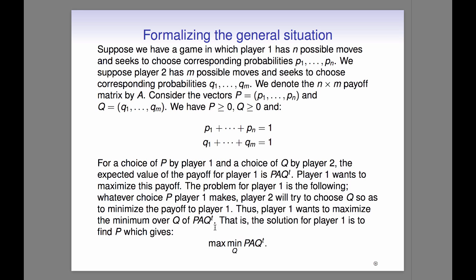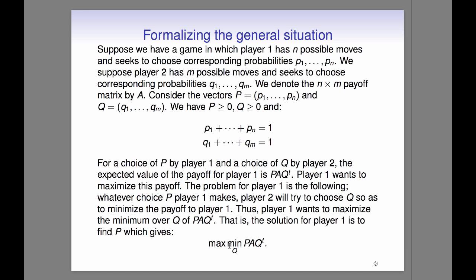The problem for player 1, therefore, is that player 2 will try to choose Q so as to minimize this payoff to player 1, and player 1 wants to maximize what they can get even if player 2 plays intelligently.